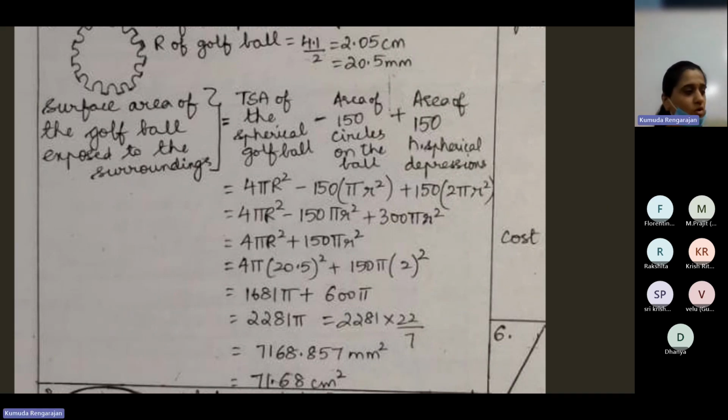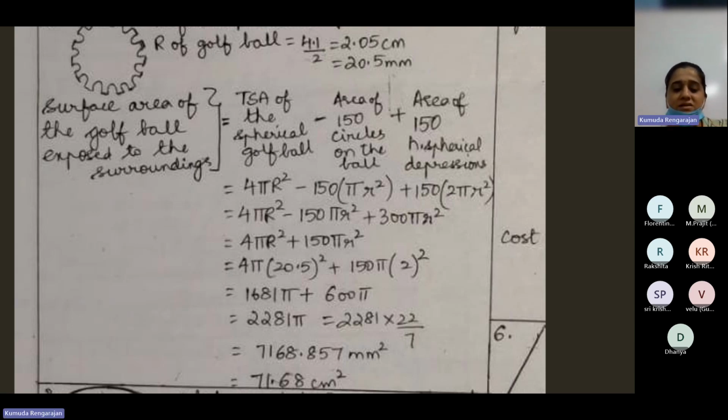So simple it is. So 4 pi capital R square plus 150 pi small r square. Substitute 20.5 and 2 and then yeah. See, when you have pi in more than one place, don't use the value of pi everywhere. Use it once for all. So I got 2281 pi. Area is 2281 pi. And then in pi, 22/7.